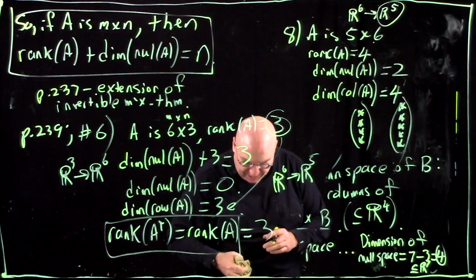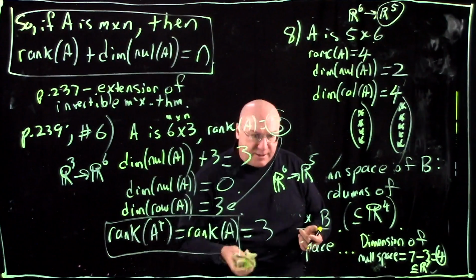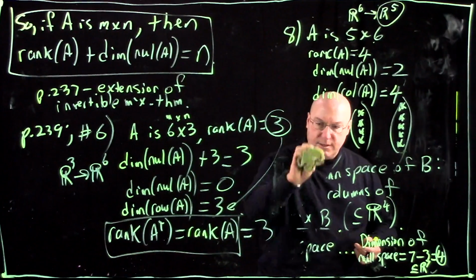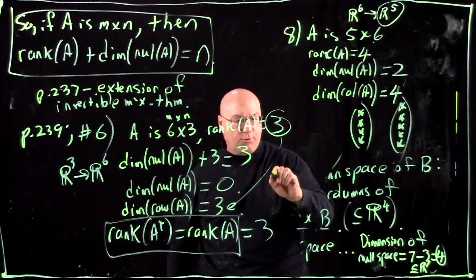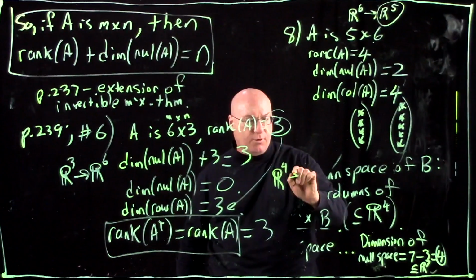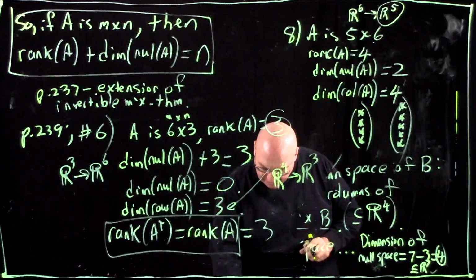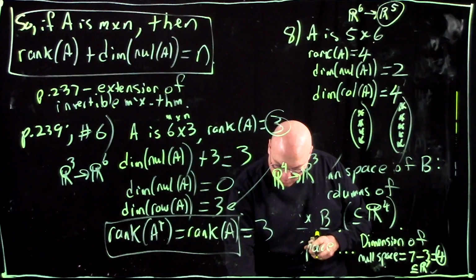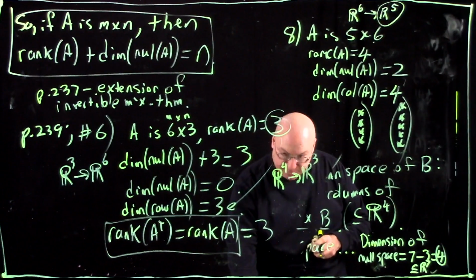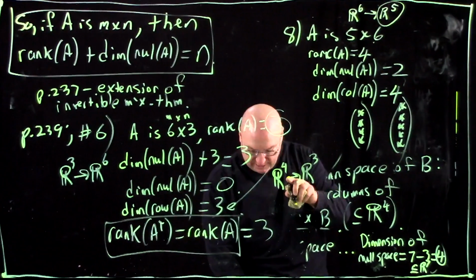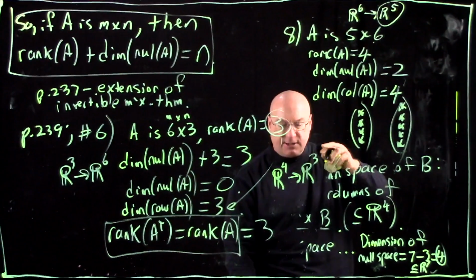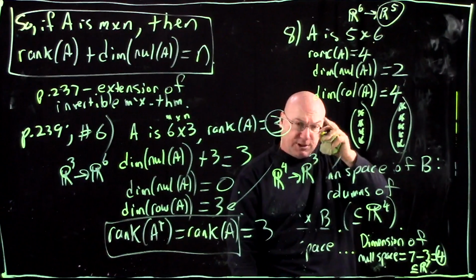Number 14, A is 4 by 3, so we go from R4 to R3, multiplication by A. And if it's a 4 by 3 matrix, what is the largest possible dimension of the row space? Well, okay, there we go. It's equal to the smaller of the two, the number of rows and the number of columns.